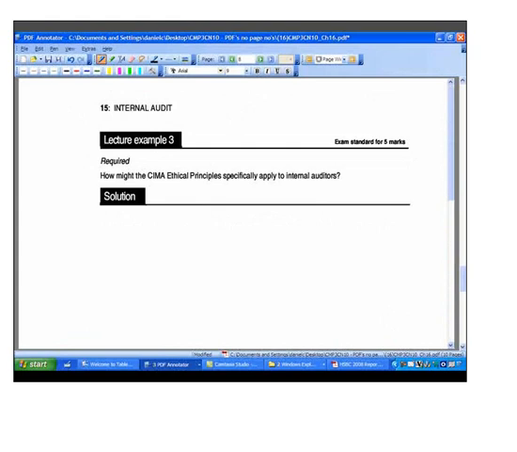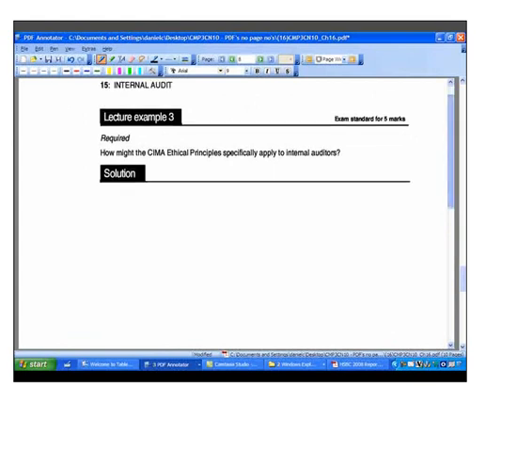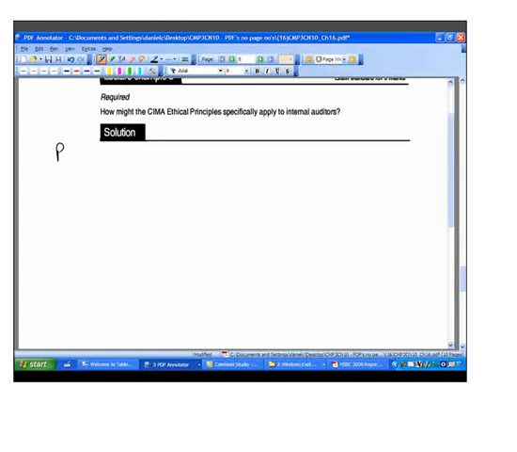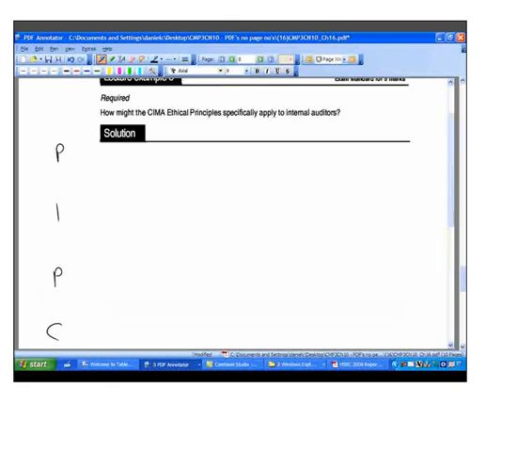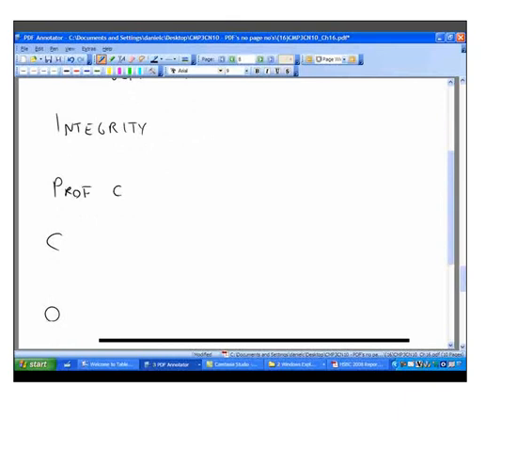And just a reminder, in case you've forgotten what the ethical principles are, remember you have the mnemonic PIPCO. So the ethical principles, you have professional behaviour, integrity, professional competence and due care, confidentiality, and objectivity.